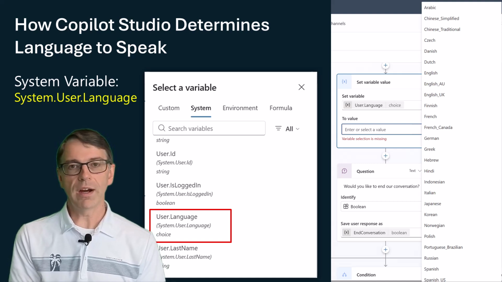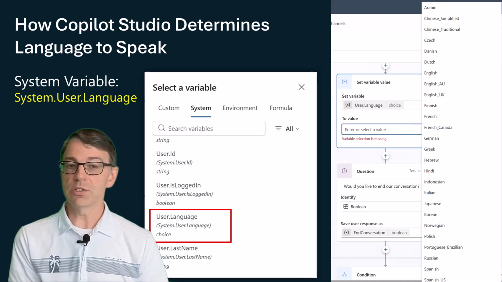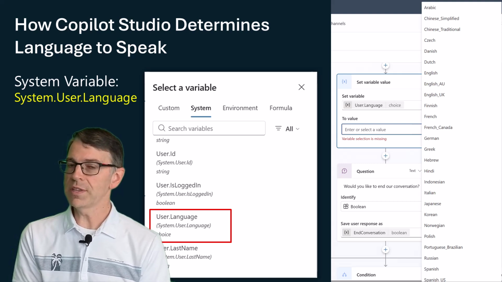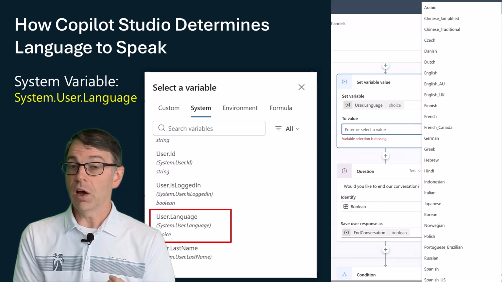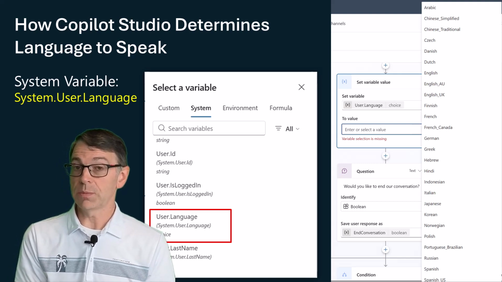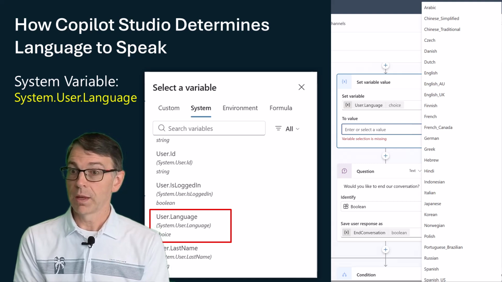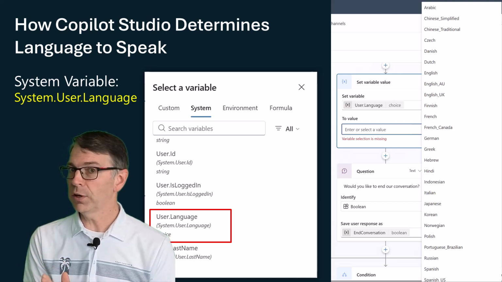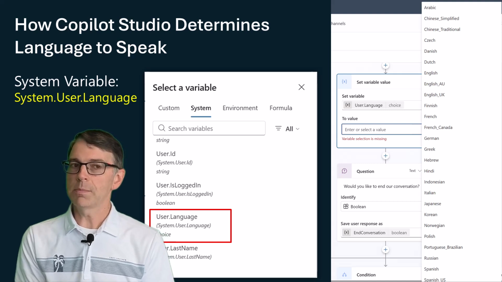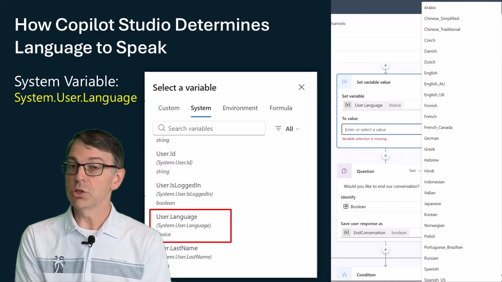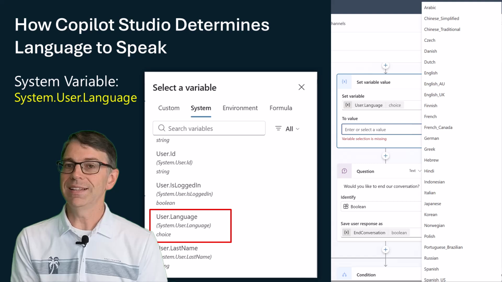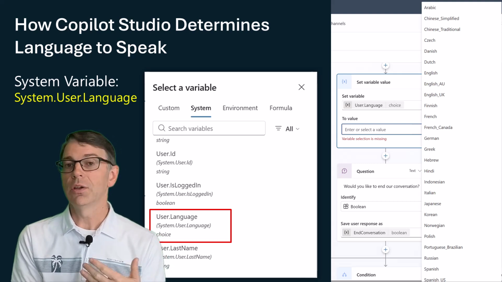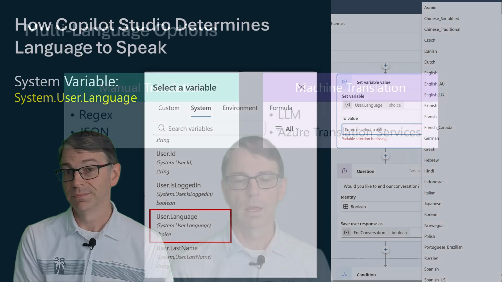So just be aware that user.language, which is system.user.language, is where we store the actual setting of what the agent is going to speak at that given time. It's a choice selection of a lot of different options, but when you select one, you should select one that you've already added to your agent. Otherwise, you will get an error.